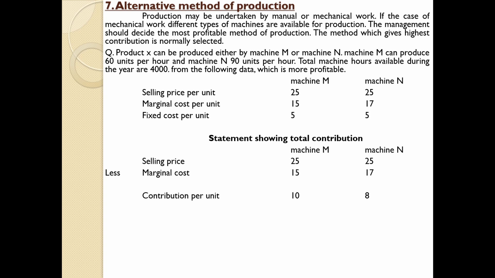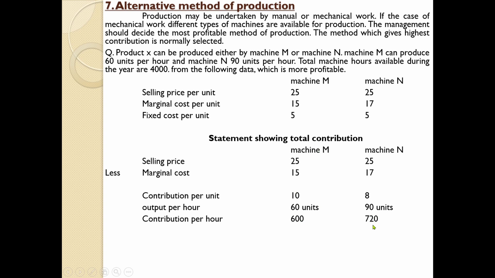But in the question it is said that the output per hour for machine M and N is 60 units and 90 units. In that case, the contribution per hour will be 600 and 720, because contribution per unit is 10 and machine M can produce 60 units per hour, so the total contribution will be 10 into 60.